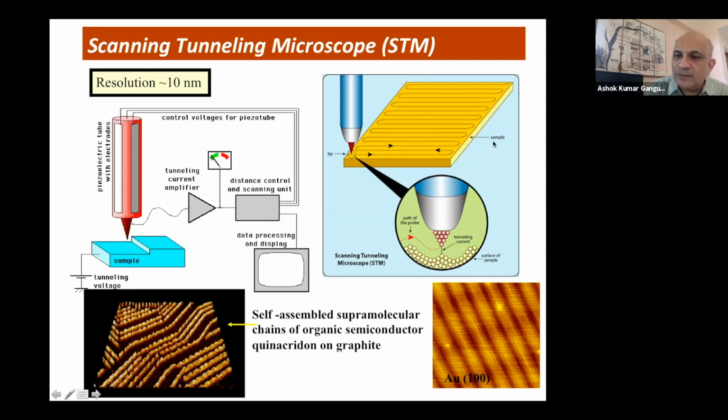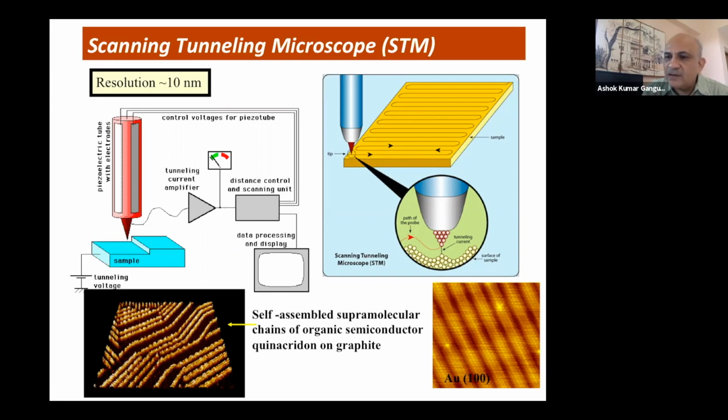I can move the tip and you can see how the tip is moving in a zigzag manner. And this motion of the tip on the surface is called a raster scan. It is called a raster scan. That means you are scanning the surface using a tip and the computer is recording the tunneling current from each point.